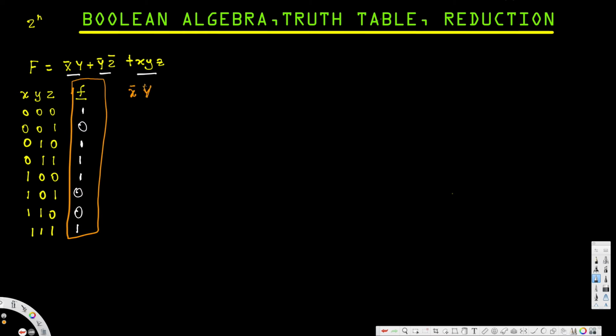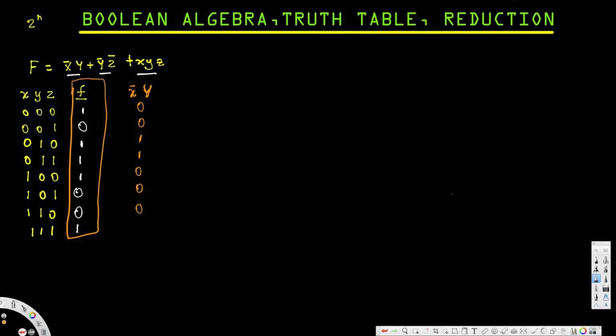In order for this to be 1, we had to have x to be 0, y to be 1, right? This one is 1, and x is 0, y is 1, this is also 1, and we don't have any other things that has that, right? So others are going to be 0 for this one.